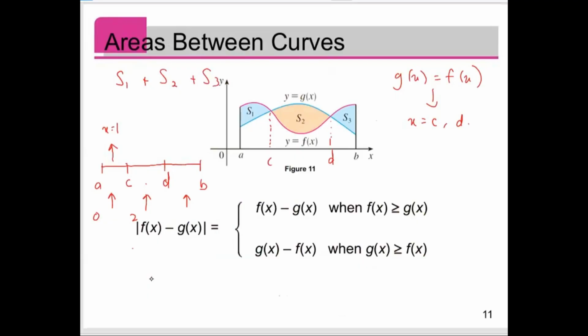So that's why we have this piecewise function, indicating this modulus symbol here, indicating that we want the positive value. If gx is greater, then you need to flip the location. For example, gx greater than or equal to fx, so we have gx minus fx inside our definite integral.